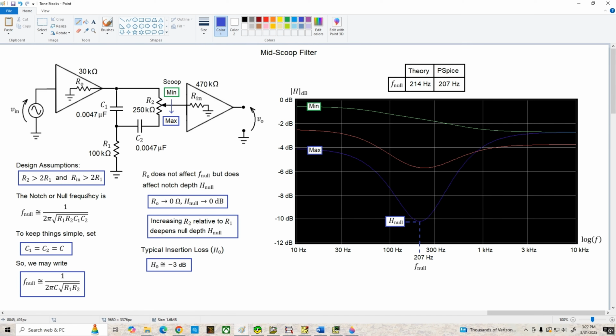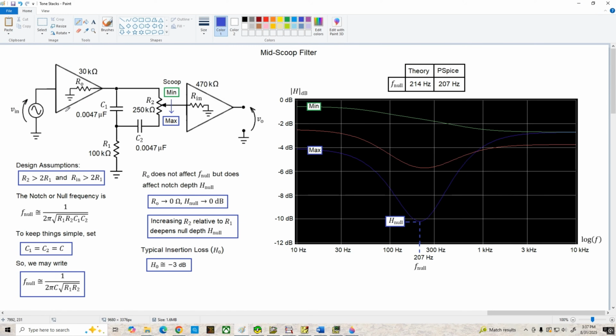That makes our notch or null frequency equation more accurate. And to simplify the calculations a little bit and reduce the number of variables we have to contend with, we'll set C1 and C2 equal to each other, which gives us this simpler equation down here at the bottom.